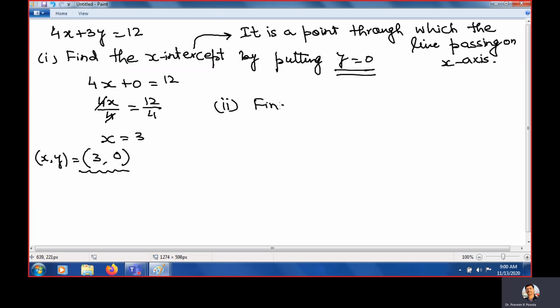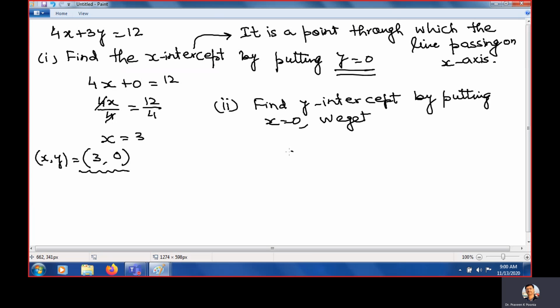Find the y intercept by putting x equal to 0. What do we get? Look, 0 + 3y = 12. So divide by 3: 3y upon 3 is 12 upon 3, and this cancels.